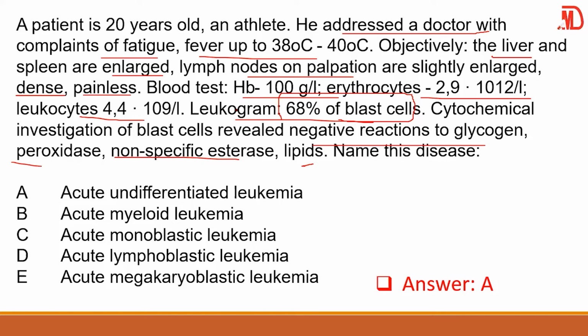So we cannot be specific on the type of leukemia. But of course, we can look at this as an undifferentiated leukemia. Even the leukocyte count is just 4.4, it looks normal, but if you go to the blasts, there's a problem. So please, let us take note of some of these things.